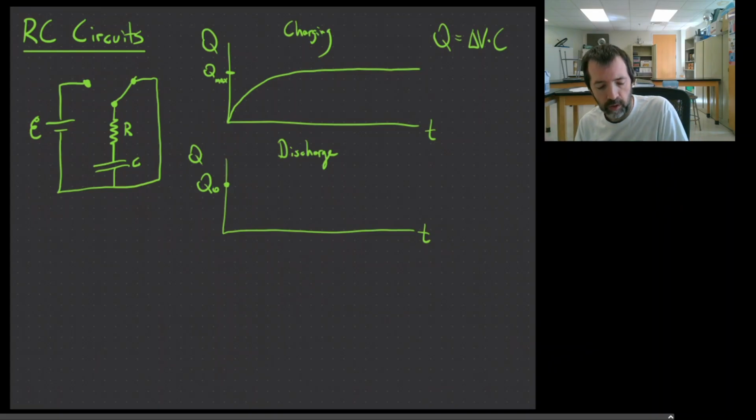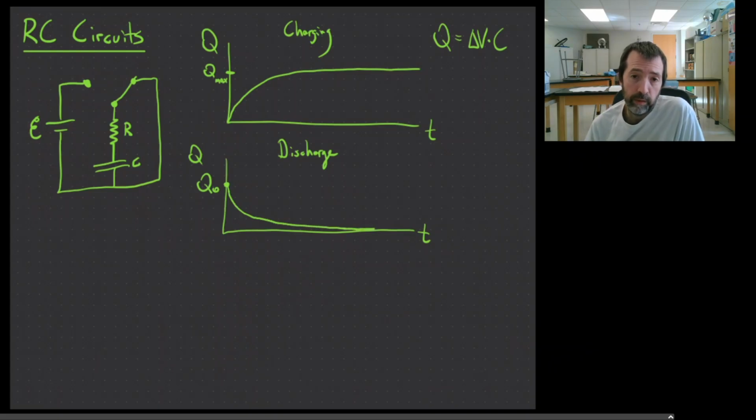And so the initial rate of change is quick. But as the plates empty out, the force that's being applied gets weaker and weaker, and so the rate also decreases. So in both of these cases, I have an asymptotic behavior, either towards the maximum charge or towards zero in this case.